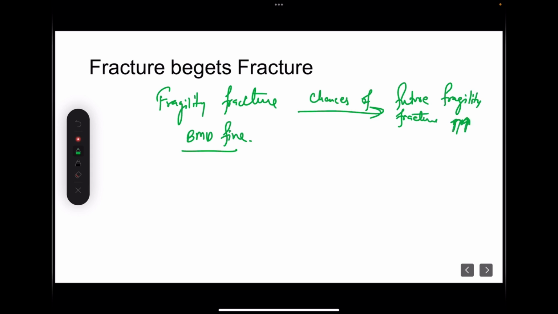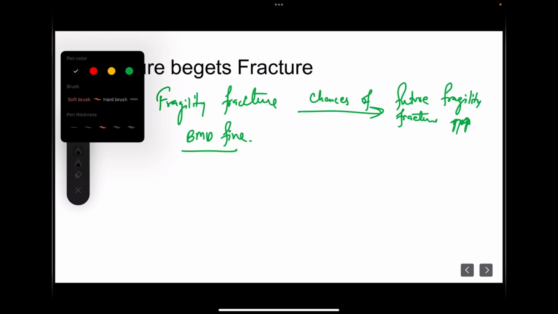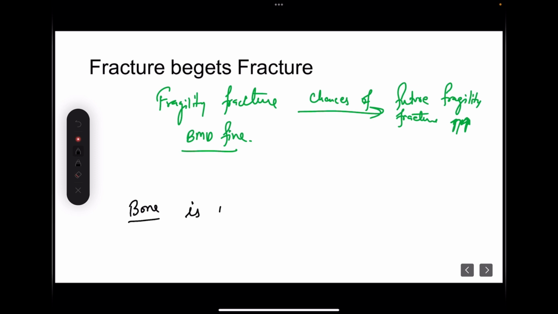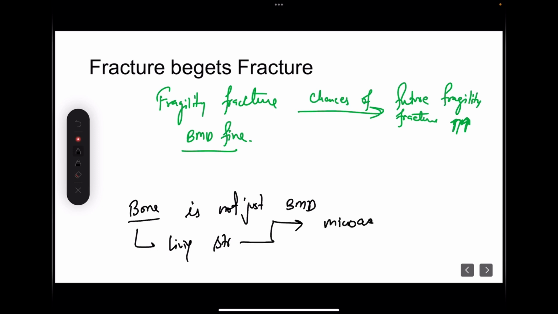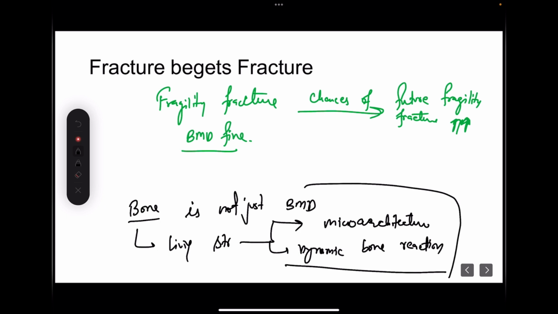Why is it so? Because bone is not just BMD. Bone is a living structure where it has microarchitecture, it has dynamic bone reactions, multiple things are happening at the microcellular level. And even if the BMD is normal, the bone might not be healthy.